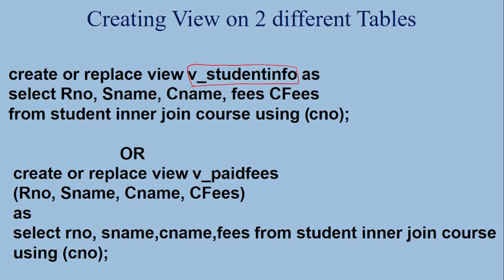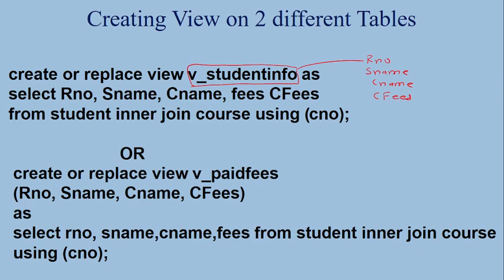So here it will create this view with attributes RNO, SName, CName, and CFees.